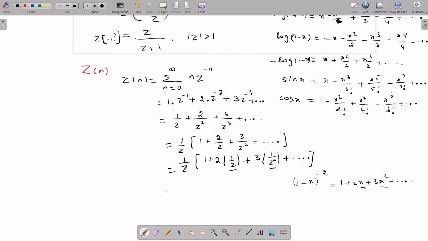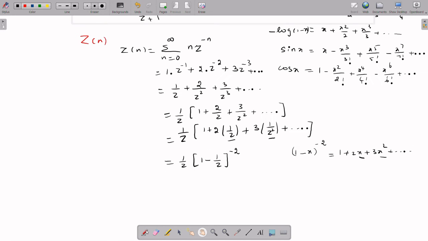So you can use this formula, 1 by z into 1 minus x, in the place of x you have 1 by z, whole power minus 2. So you have to apply the formula correctly.